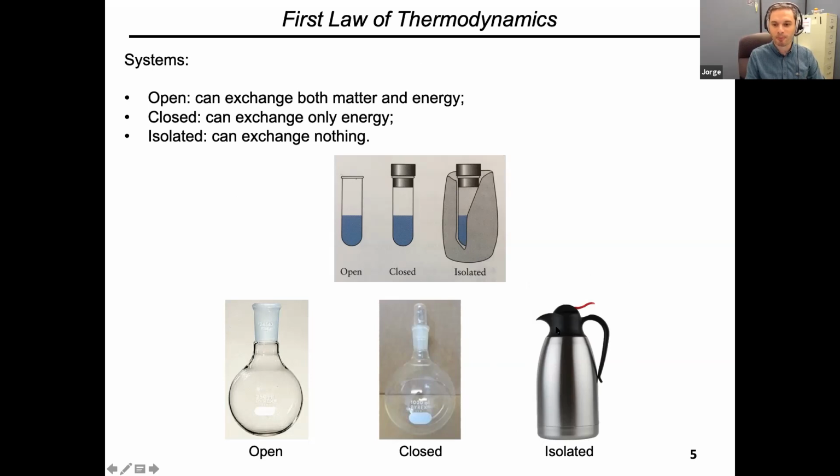You put the liquid in, the heat or the energy is trapped, and the lid prevents matter from getting out or going inside the flask. That's called an isolated system. Matter cannot be exchanged, and energy also cannot be exchanged. Those are the three different systems that we are going to deal with in thermodynamics.